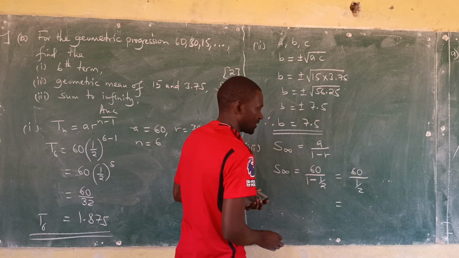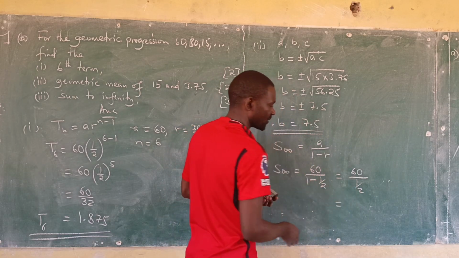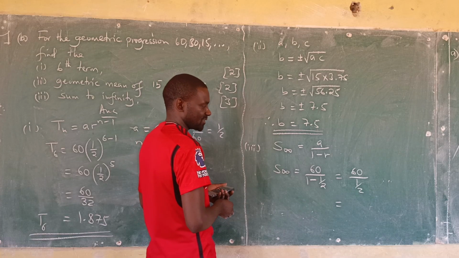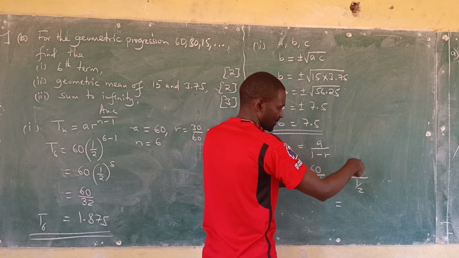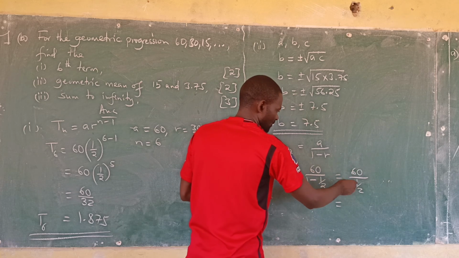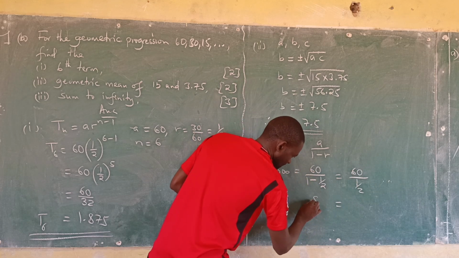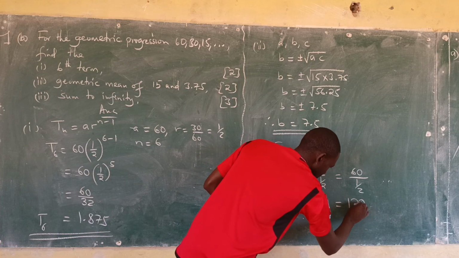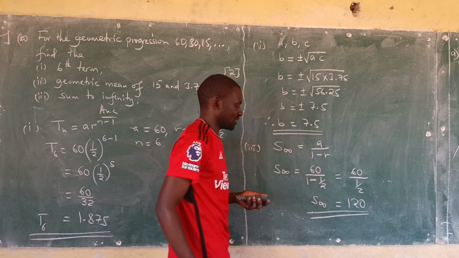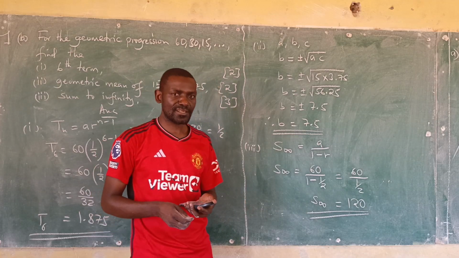And then we reciprocate the 2 because we are dividing. So this is 60 divided by 1 over 2. If we reciprocate, the 2 goes on top, we are going to multiply. And so our sum to infinity simply becomes 120. So this is our answer.